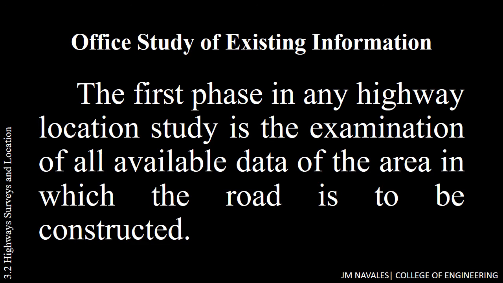So in this phase, we need to consider the past conditions or historical events that happened in that area for us to know what kind of highway to construct or what type of soil it is, and others that can give us a hint in constructing the highway.